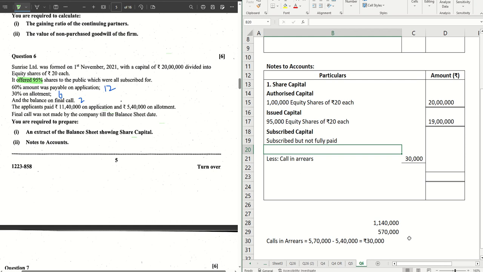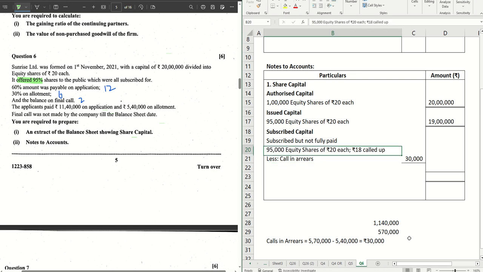Let's write the statement here. How many shares are there? 95,000 equity shares of rupees 20 each. However, all the calls are not made. The final call of rupees 2 is not made. That means rupees 18 called up. This is important to understand.